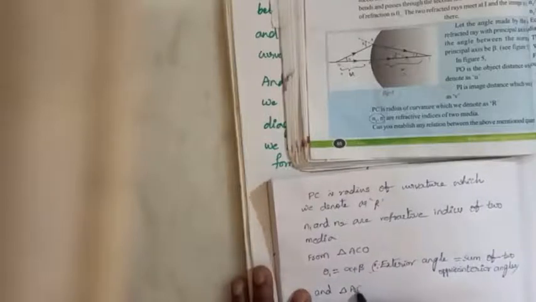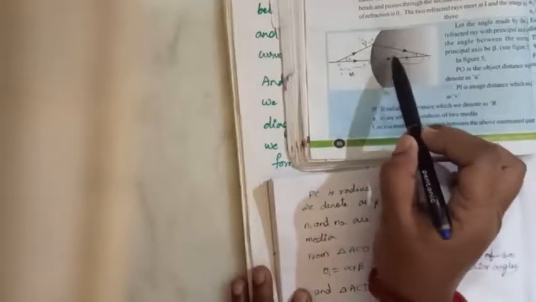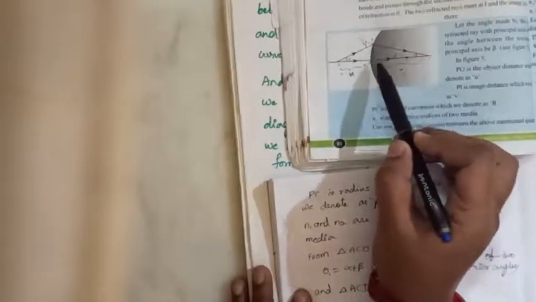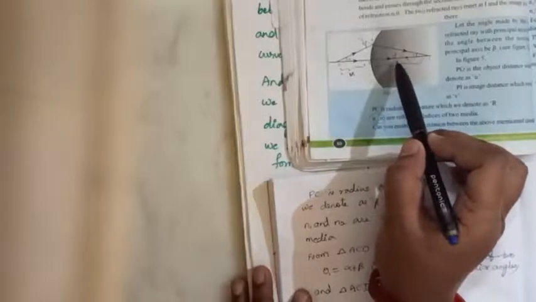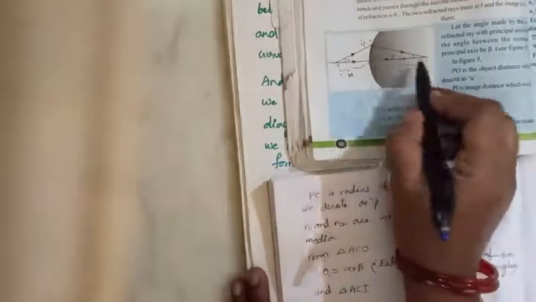And from triangle ACI, I am considering this triangle, children, here also we can take the exterior angle beta to this triangle. From triangle ACI, beta is equal to the two opposite interior angles, theta 2 plus gamma.